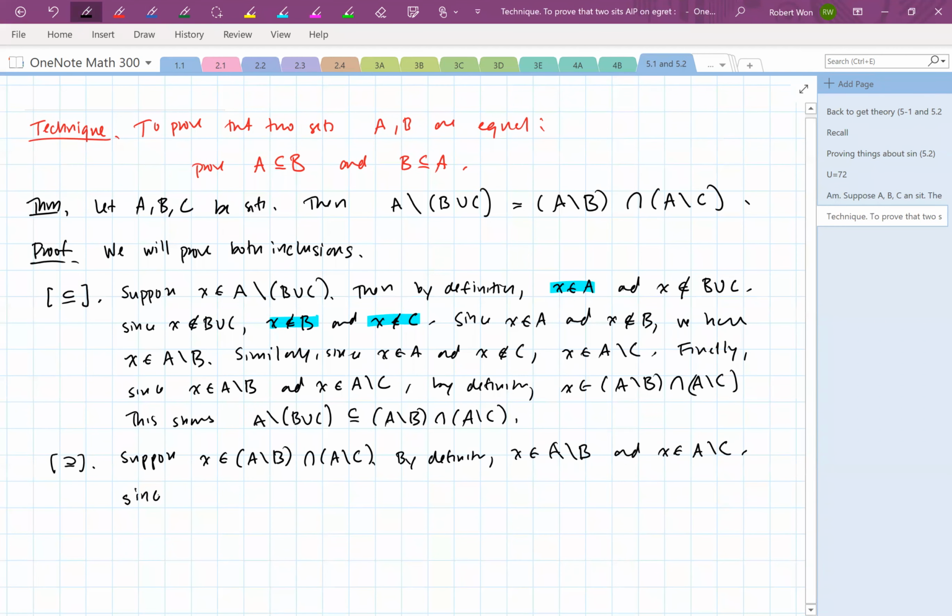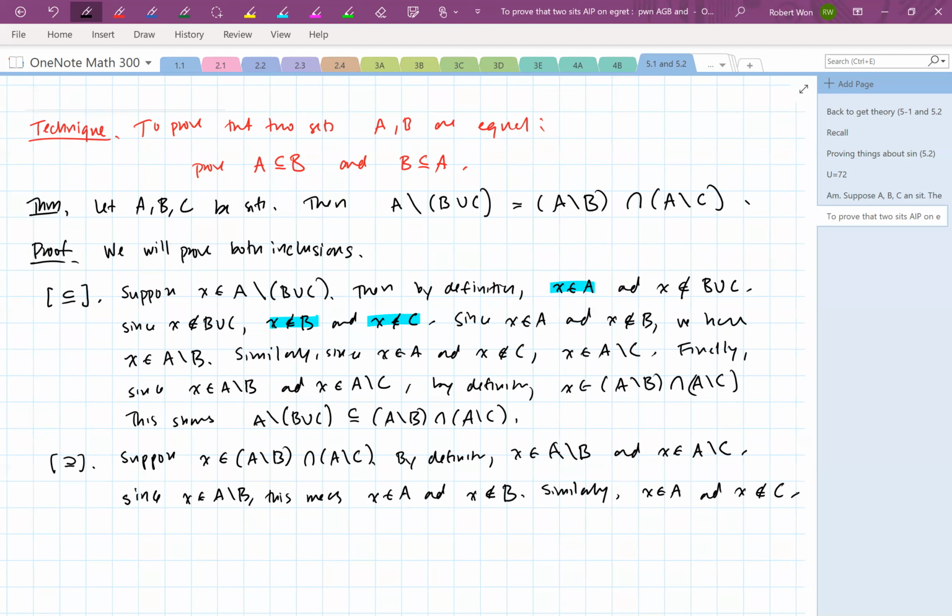Since X is in A minus B, this means X is in A and X is not in B. Similarly, since X is in A minus C, X is in A and X is not in C. So what do I know about X? I know that X is in A, X is not in B, and X is not in C.